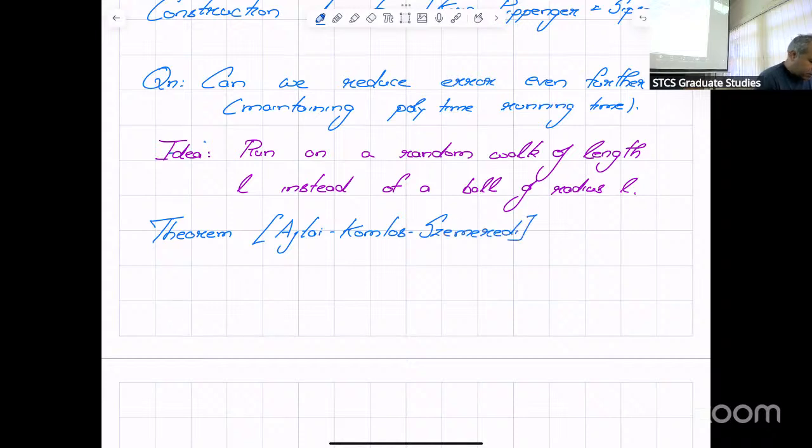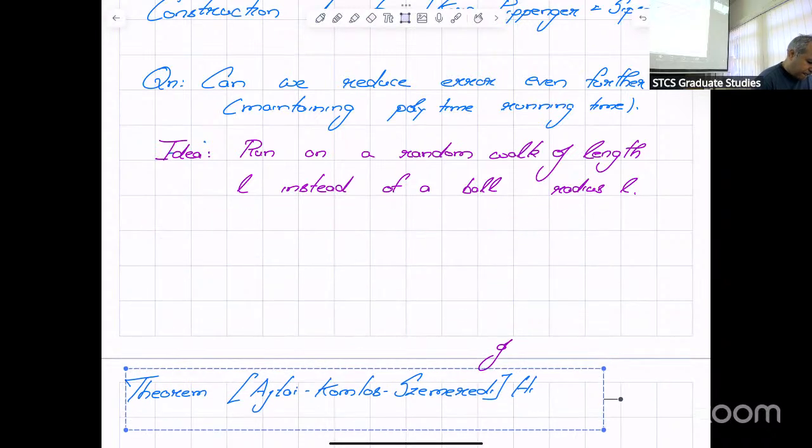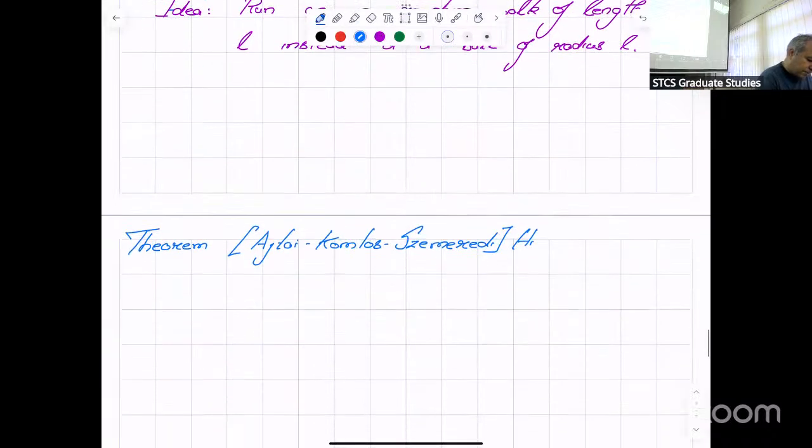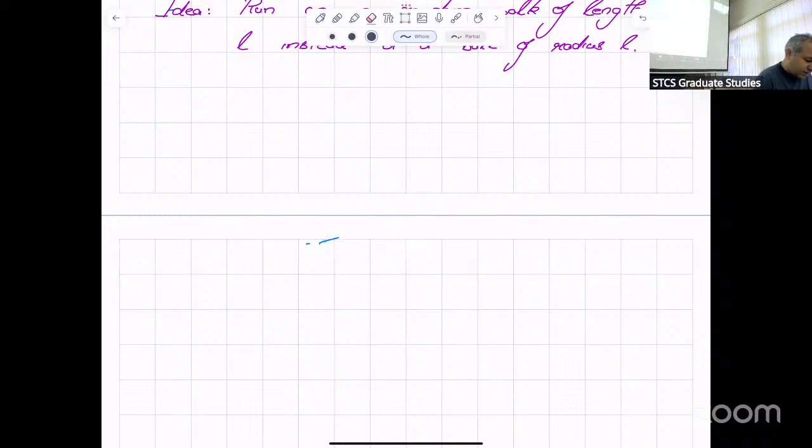It's sometimes also referred to as the hitting set lemma, or random walk on expanders.